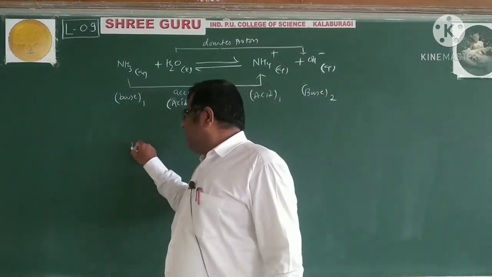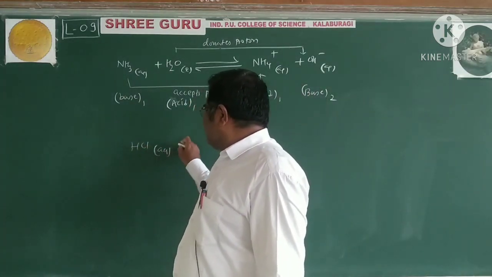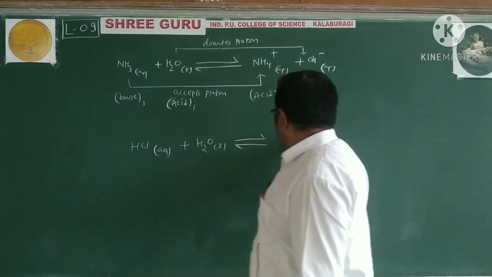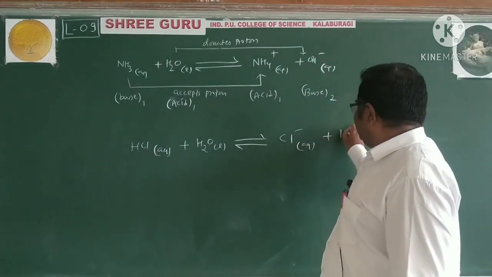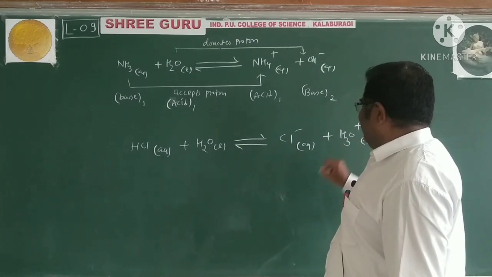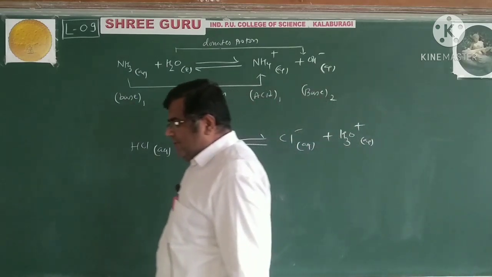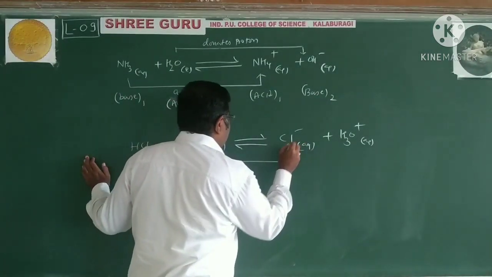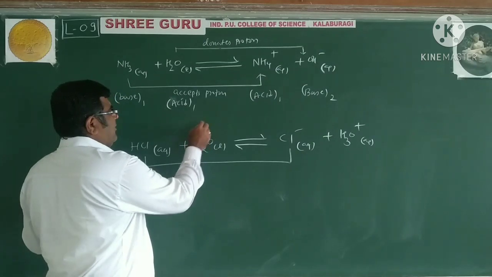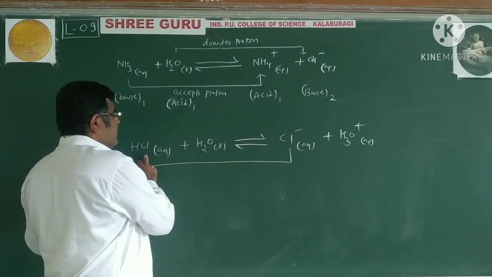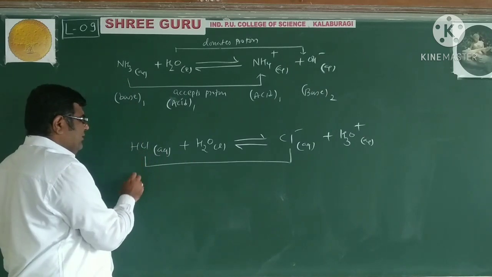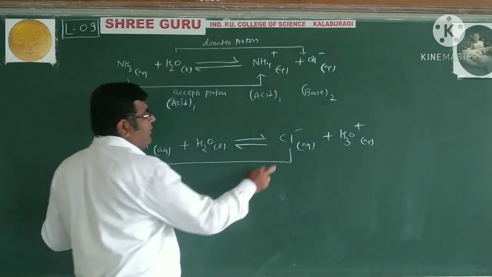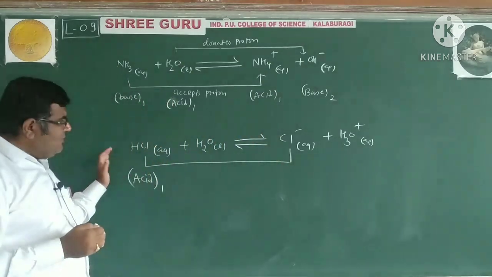Compare another example. HCl aqueous plus H2O liquid gives Cl negative plus H3O+ aqueous. Now you can compare with this. We first connect these two, and we can say that there is one more H plus here and one Cl negative here, so this is capable of giving protons, which is acid 1, and Cl negative accepts a proton and becomes HCl.